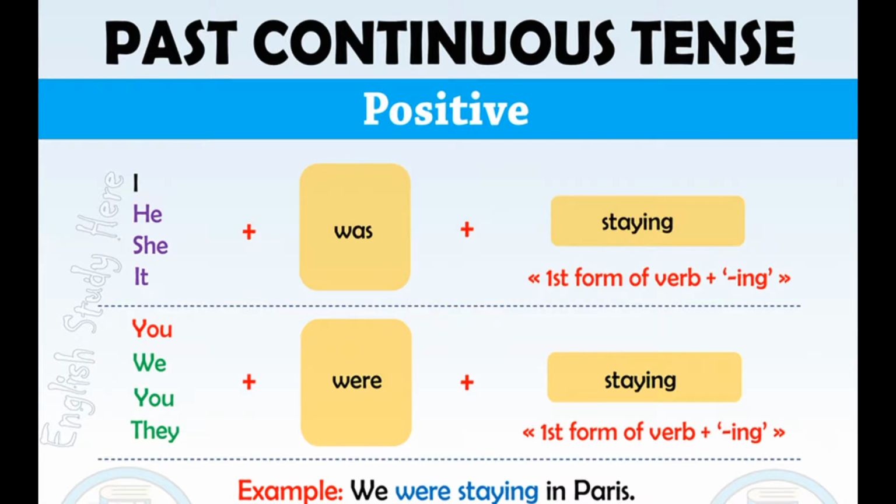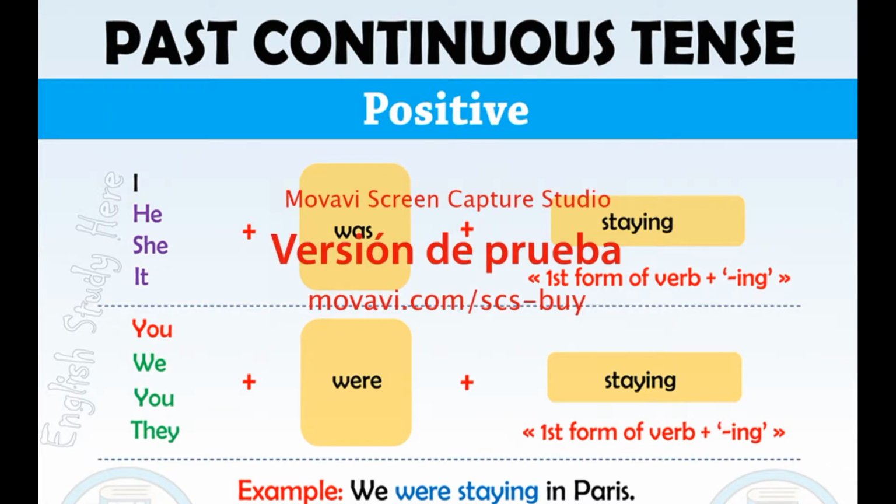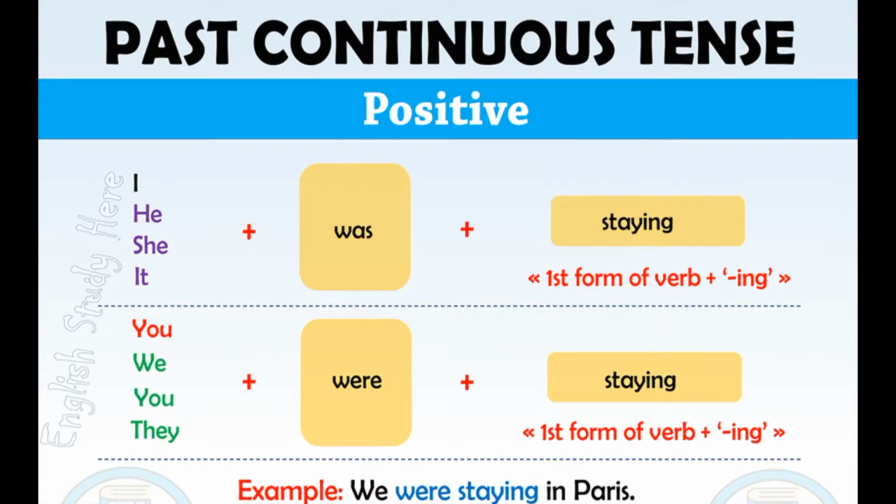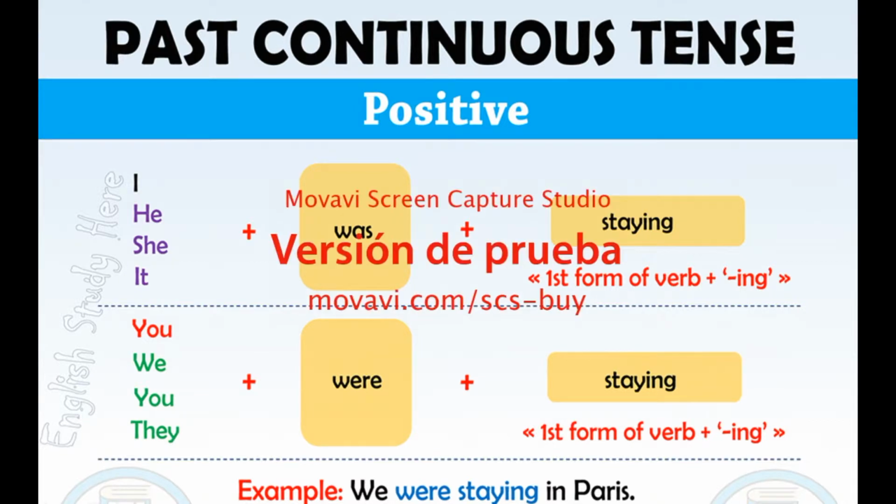For example, I was staying. And the second form, when we have the pronouns you, we, you, and they, we have to use the auxiliary were plus the first form of the verb in -ing. For example, of this structure, we were staying in Paris.